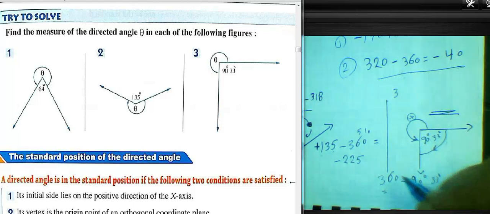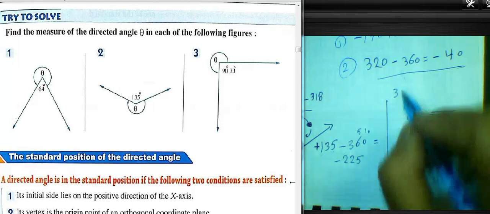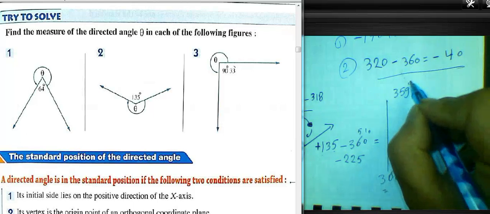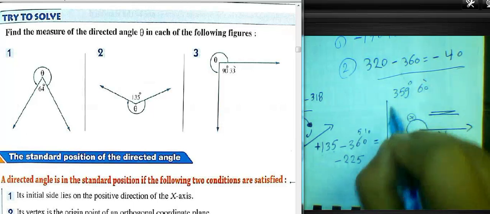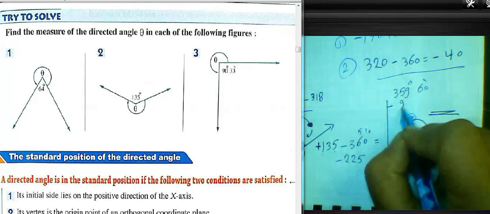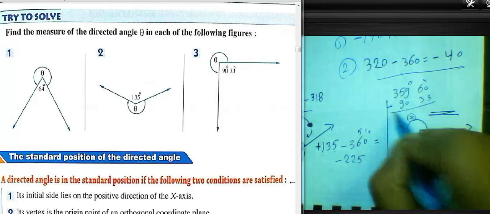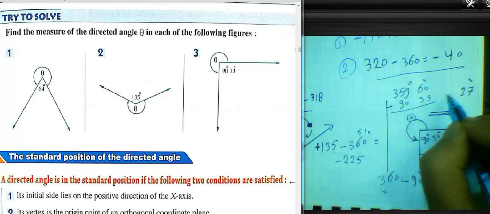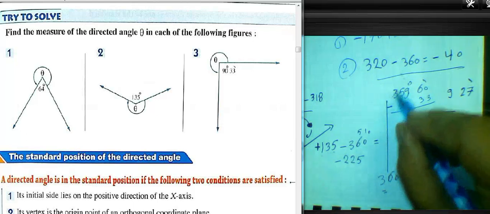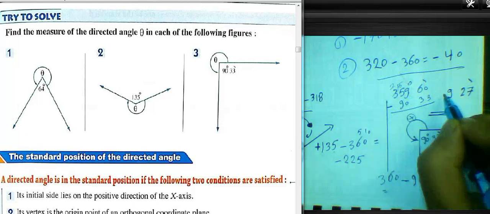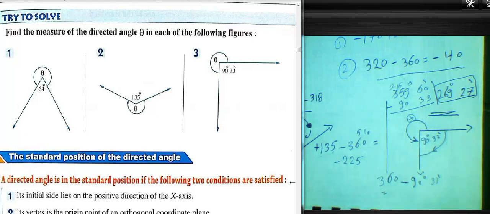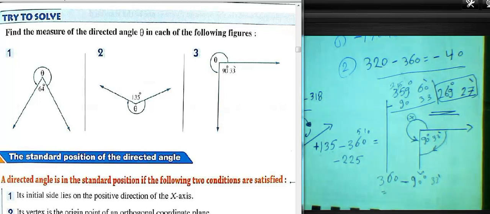For 360, we can write 359 degrees 60 minutes, subtract 90 degrees 33 minutes. 60 minus 33 equals 27, 359 minus 90 equals 269. This will be the result. It's okay for you? Okay, another question.